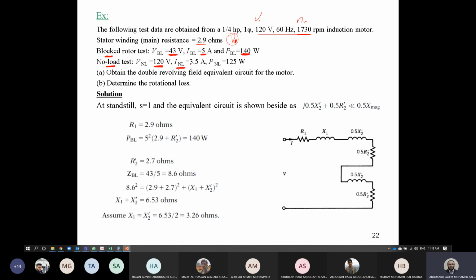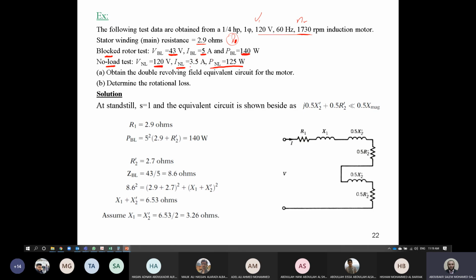It will be around 3.5 like that, and power at no load as well. You can see that the no load current is not small compared to maybe full load, as we discussed. 3.5 out of 5, which means, guys, we have high no load losses in this type of motor.